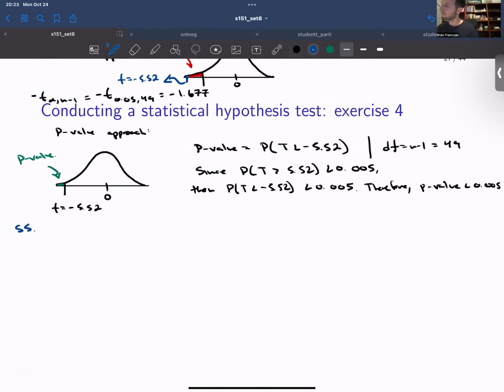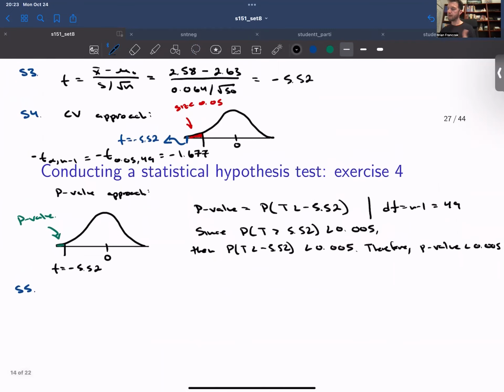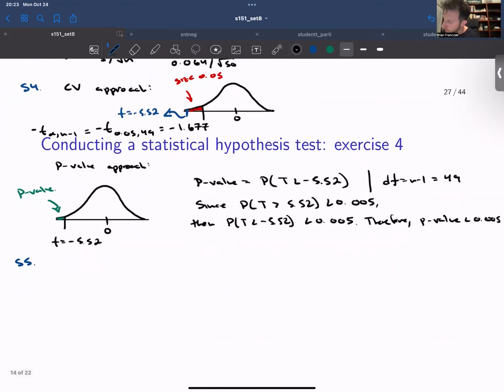Now on step 5, we can make our decision. If we took the critical value approach, we would say, since the test statistic is in the rejection region, reject H0.